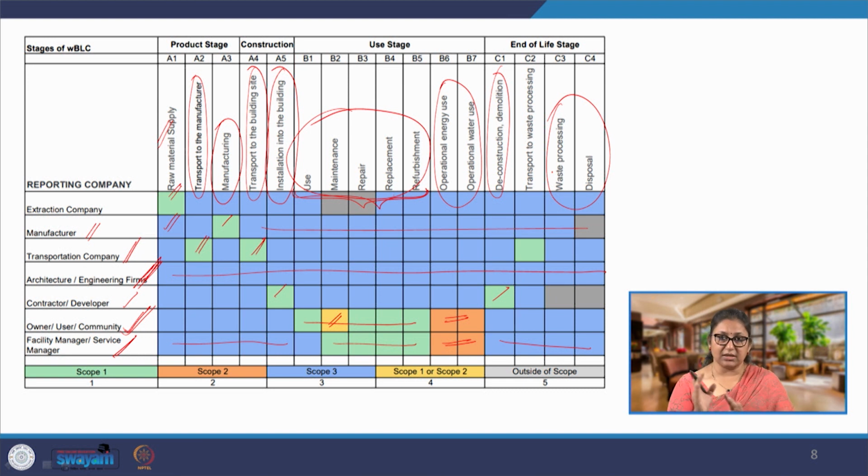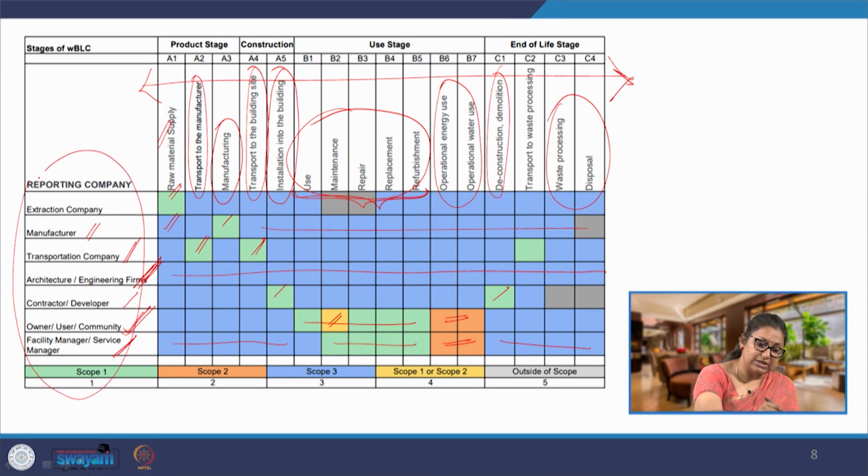But one thing that you have to understand for any product life cycle is that all the activities that are part of the product life cycle, and all the stakeholders who become part of this entire life cycle, each activity is going to become scope 1 for somebody or the other.